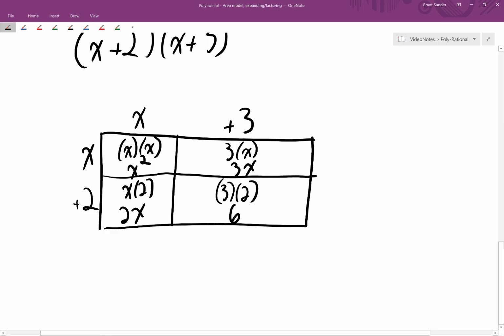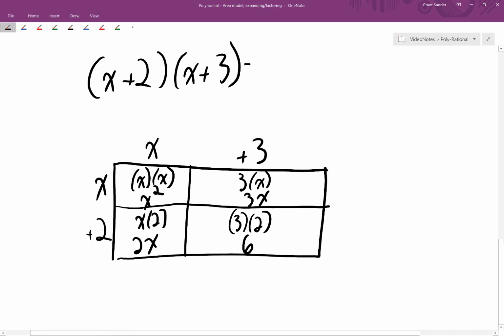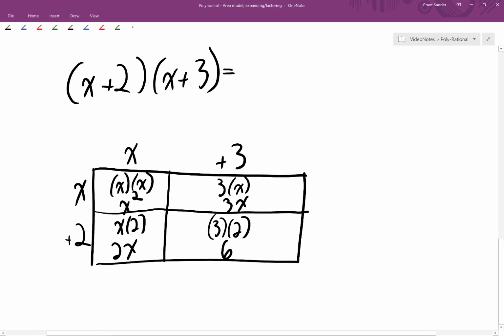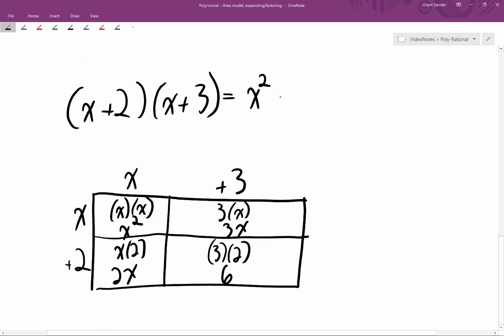So if we want to know the area of the entire larger rectangle, which gives us the value of this product we're looking for, we just add up all the smaller constituent parts. If we do that, we end up with x squared plus 3x plus 2x plus 6. And then we can add the 3x and 2x to write this as x squared plus 5x plus 6.